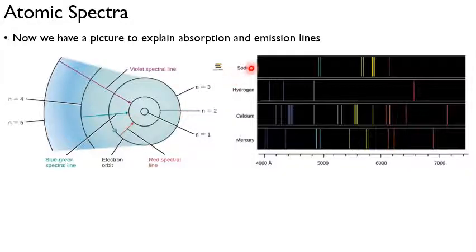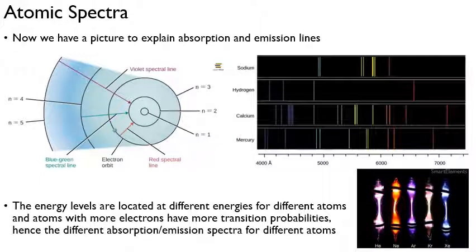And so, given the atom that you're looking at, you're going to have different values for the energy levels, and so therefore you're going to have different absorption, or in this case, emission lines. So, within a given atom, you have different energies that can happen, different photon energies, because you can connect, for instance, one excited state to another, or a different excited state to that same excited state, in this case the ground state.